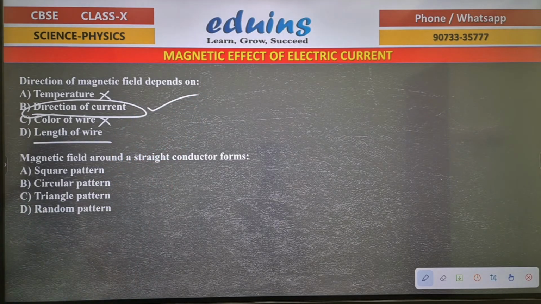Now, the fourth question. Magnetic field around a straight conductor forms a square pattern, circular pattern, triangular pattern, or random pattern. So, what will be the answer? Anyone from the comment section?